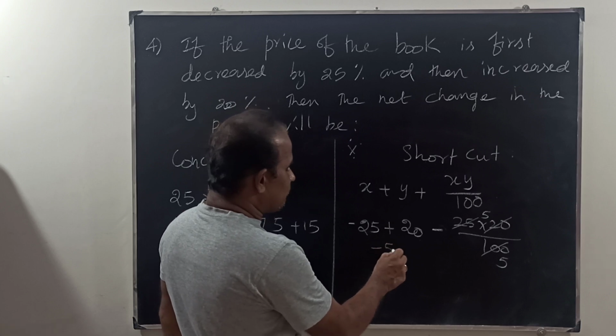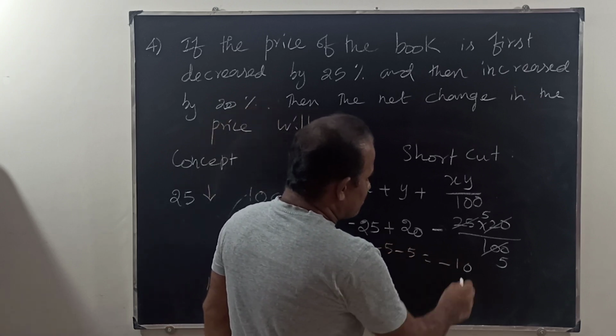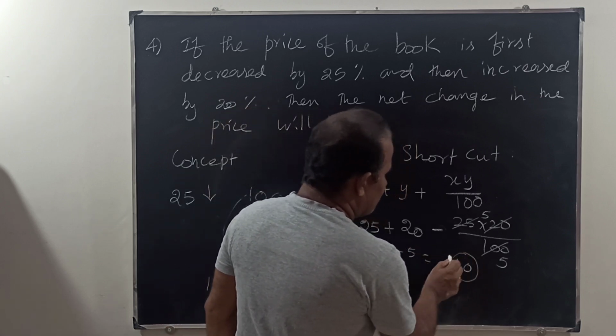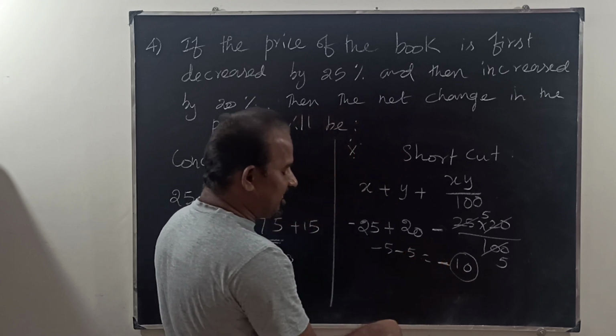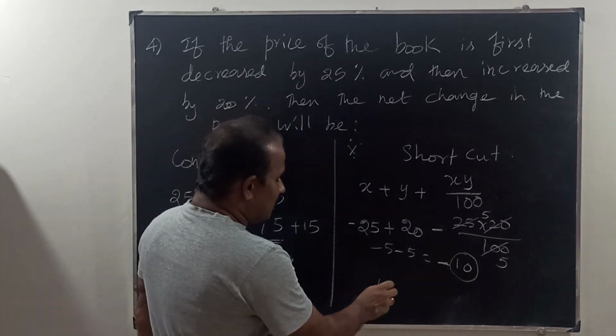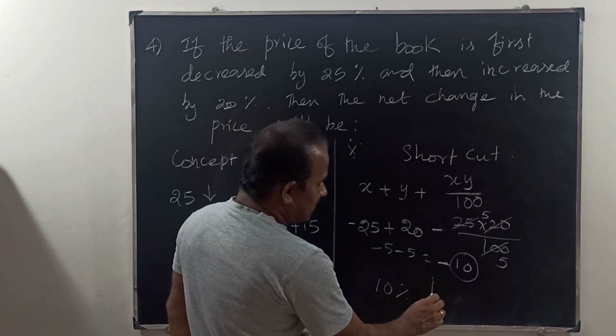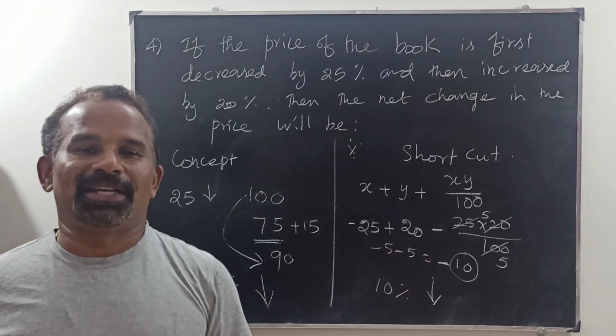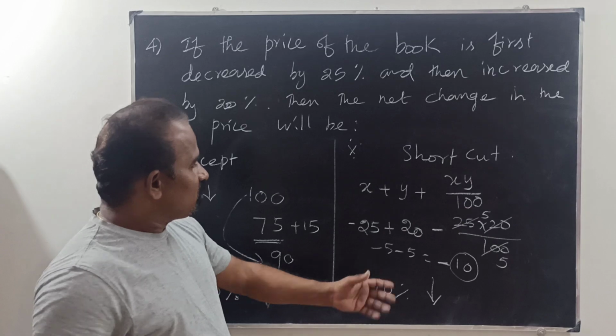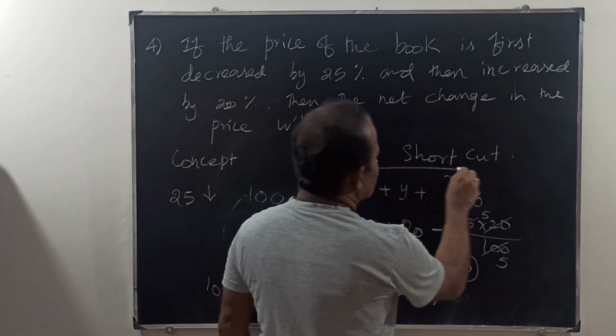So minus 5 minus 5, therefore the answer is minus 10. Minus stands for decrease. So the answer is 10% decrease. Understood? So you can use this formula.